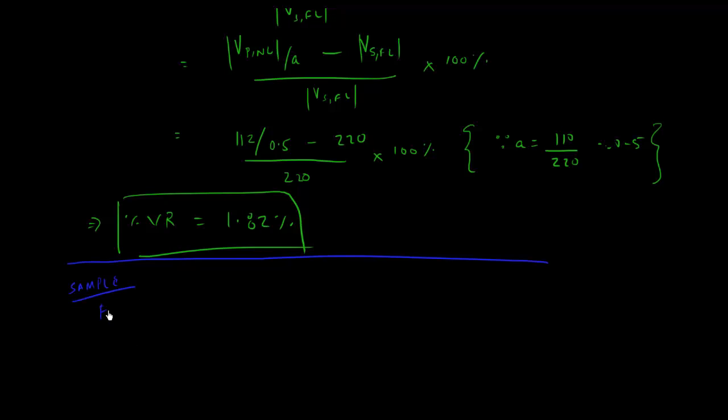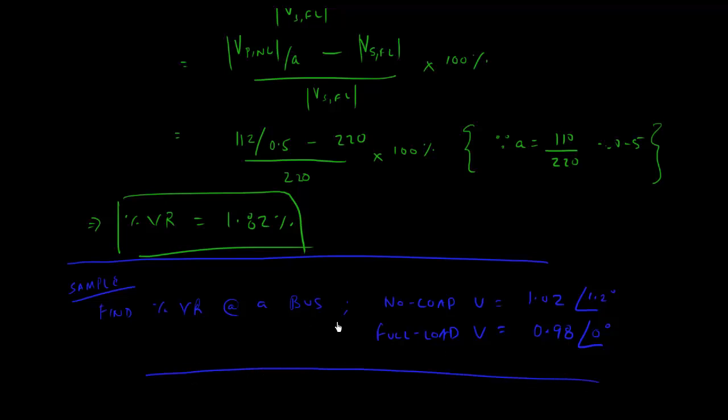So let's say find percent VR at a bus where the no load voltage is equivalent to 1.02, and that's the angle, and your full load voltage is, let's say, 0.98. So go ahead and find the solution for this.